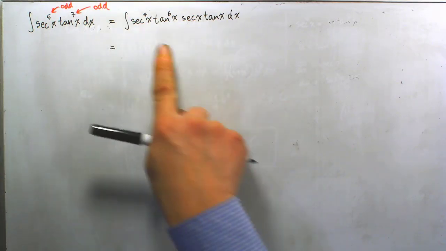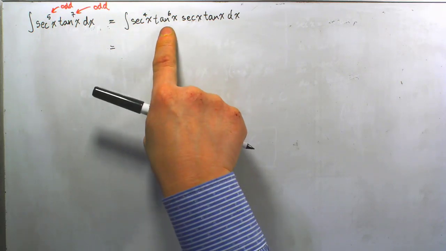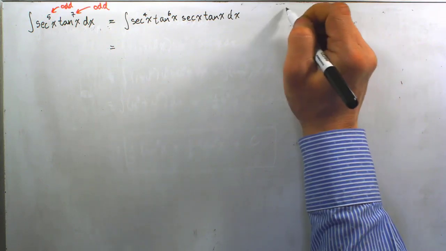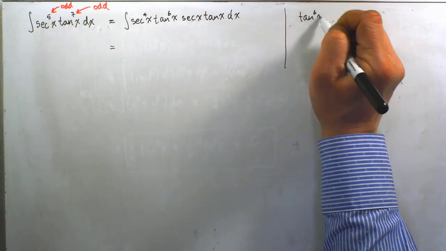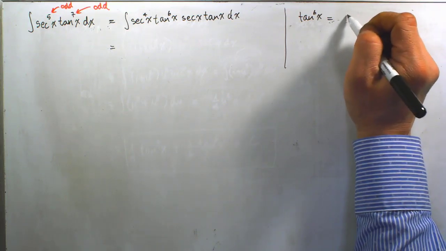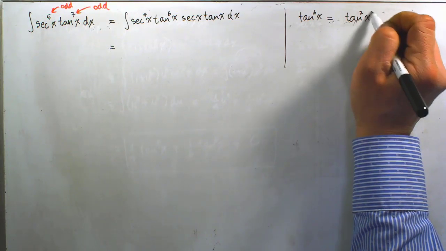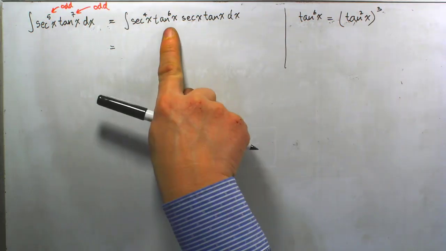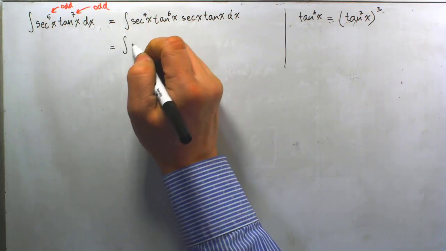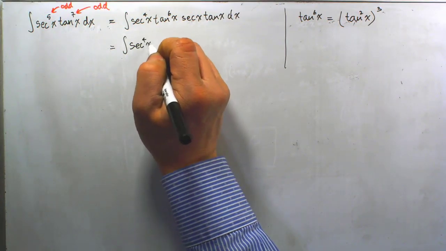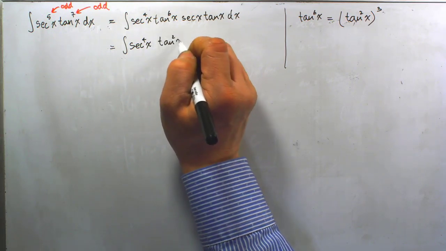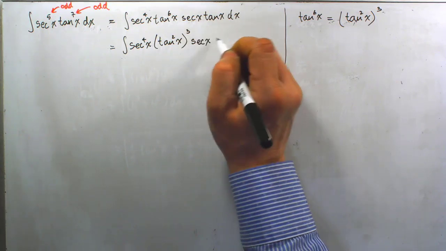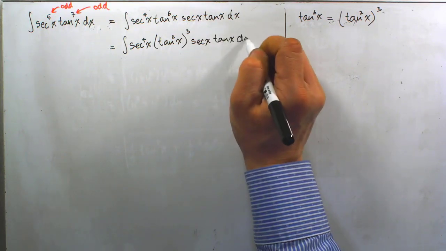Now think of this tangent to the 6th as tangent squared of x raised to the 3rd power. And so I'm going to rewrite that as secant to the 4th of x times tangent squared of x to the 3rd power, and times all of those extra secant of x and tangent of x dx.